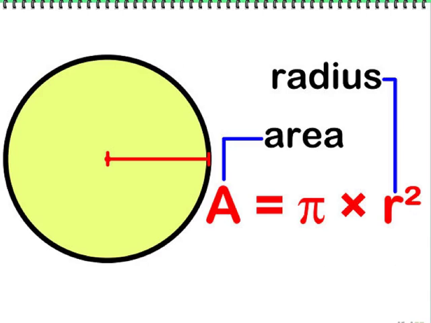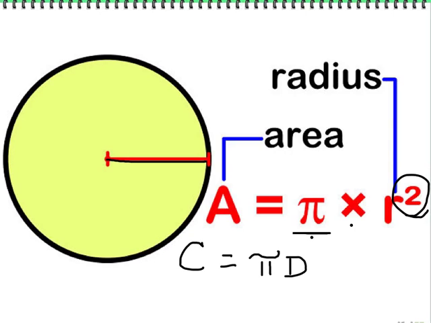Now, there's a formula to find the area, just like there's a formula to find the circumference. We still use pi, but for area, we say that the radius squared times pi is equal to the area. Okay, so area is pi times radius squared, and circumference equals pi times the diameter.